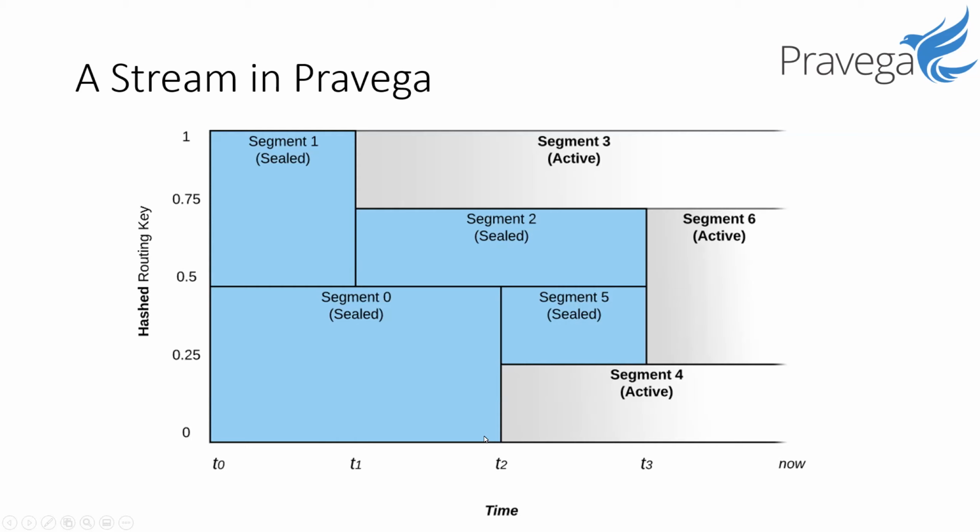Same thing happens at T2 for the first segment. And then at epoch T3, segments 2 and 5 ramp down and merge. A stream is composed of your active segments, and your events append into each of these segments according to how you're specifying routing.